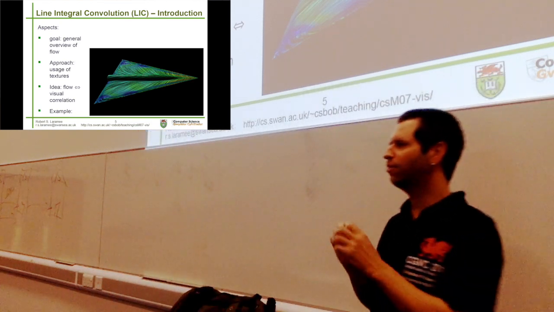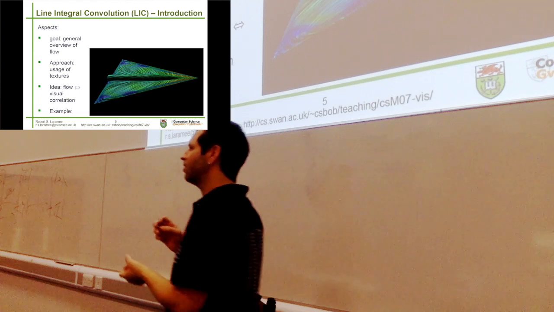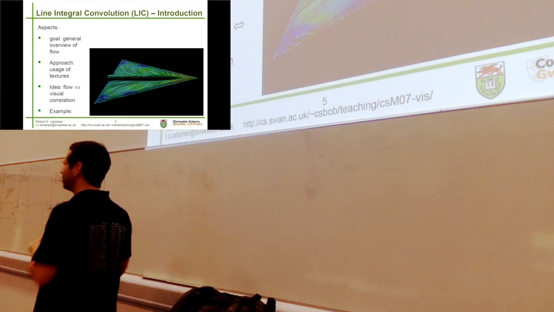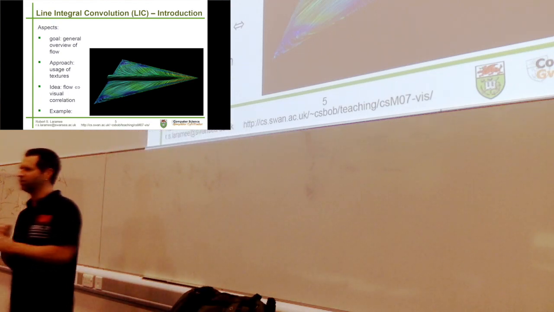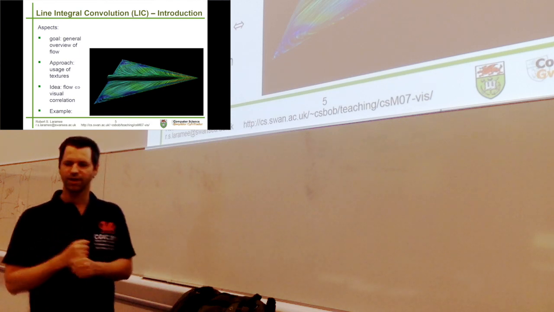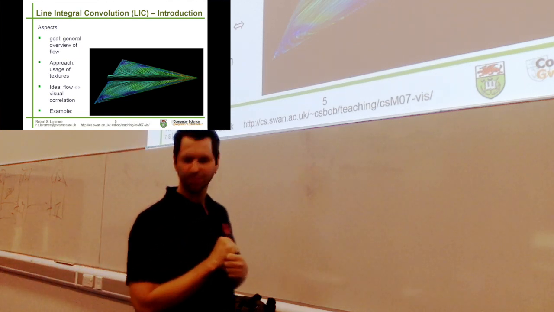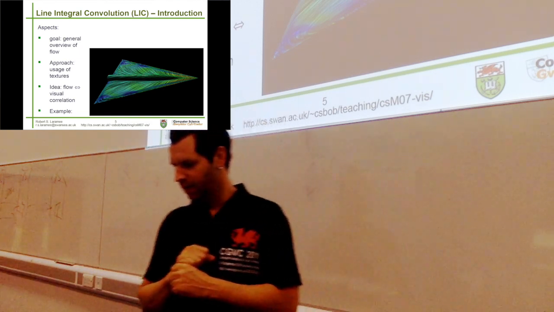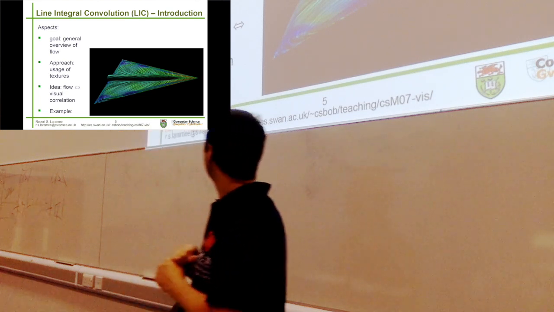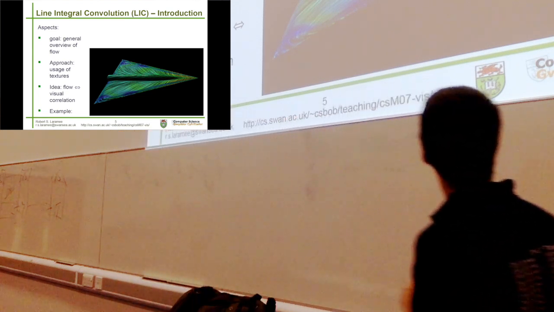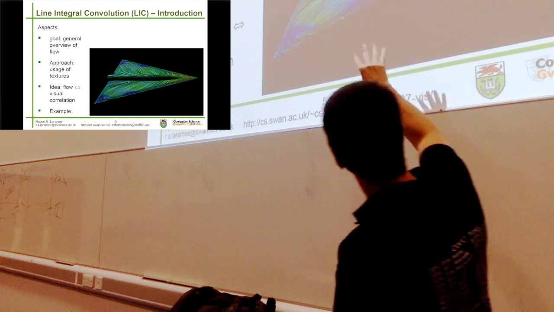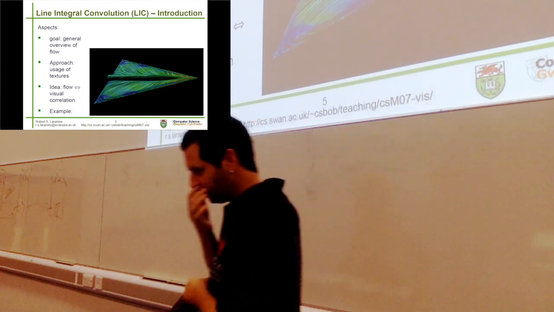And so it's all about operations on texels, or texture elements, which are just like pixels, but they're part of a texture. And this is an example of a texture-based flow visualization on the surface of an object.